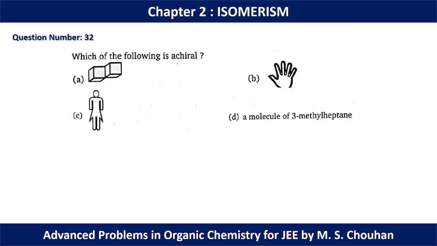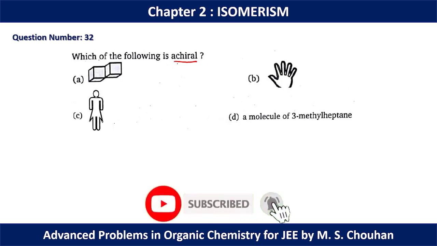In question number 32, which of the following is achiral? So achiral represents that if sigma symmetry or i-symmetry is present in the molecule, it will become optically inactive and it will be called an achiral molecule. So if we closely look, sigma symmetry is present in this molecule, so this is an example of achiral molecule.